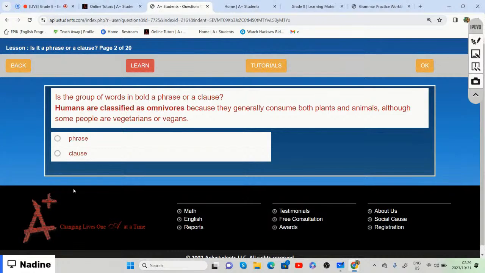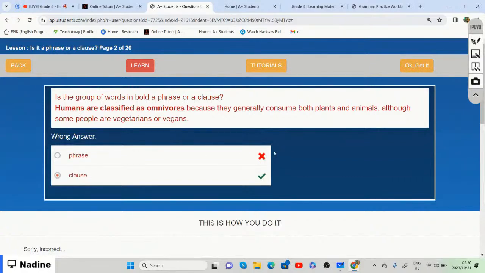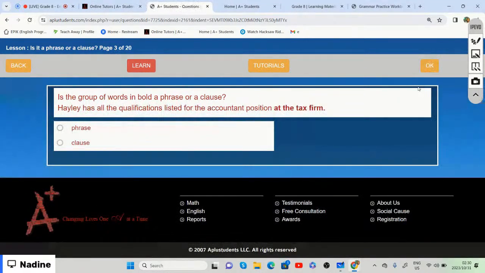When we look at that one, then we can say that it is a phrase, right? Because we said that with a clause, it has a subject and it has a verb. Oh, so it is a clause, which means that humans is our subject, classified is the predicate.